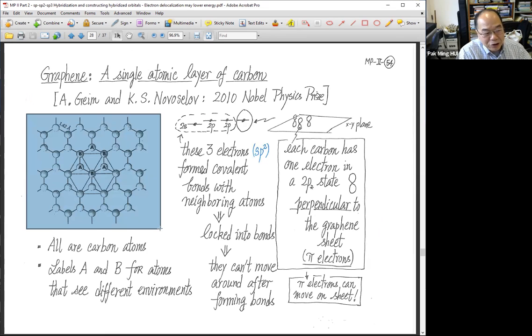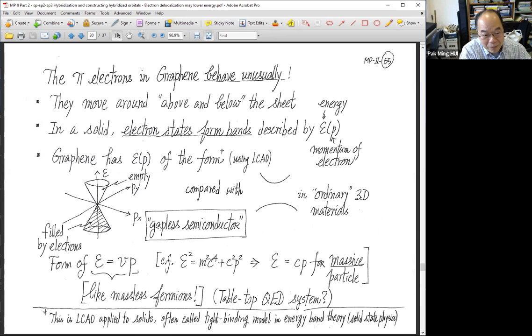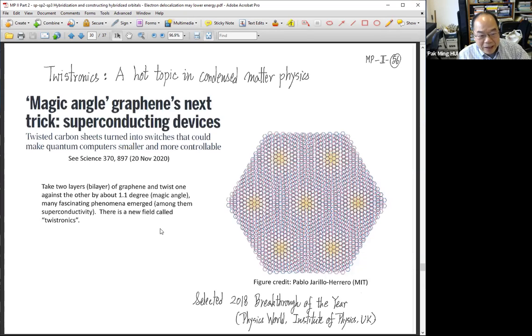Now, can you imagine if I twist one layer with respect to the other by 0.5 degree, 1 degree, just a little bit, okay? And that is what I meant by the hottest topic in physics at this time.